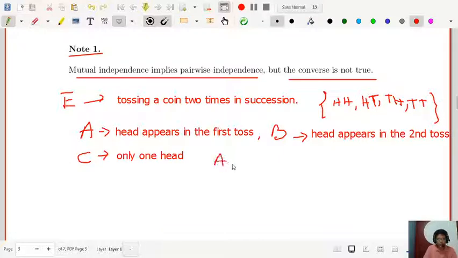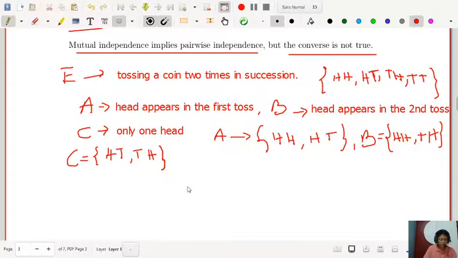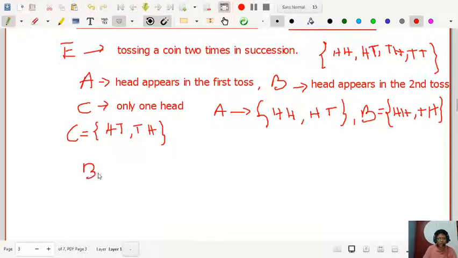So what is your A? A will be head head and head tail, right? B will be head appears in the second toss, so you can take head head and tail head, right? And C is the event only one head, so C equals head tail and tail head, because it's talking about only one head, right? So what is your B intersection C?